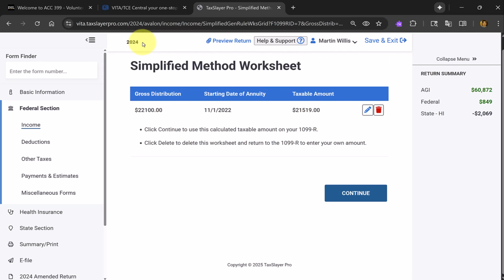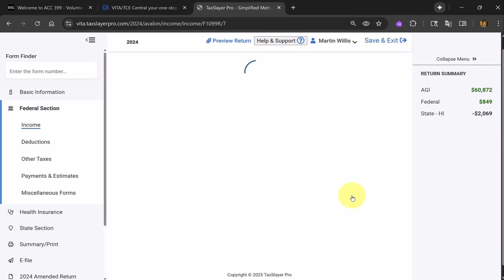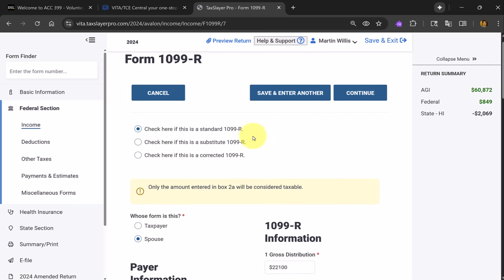I'm presuming 2025 has the same calculations, and probably so, because really the calculation is based upon what happened when they first started to collect the pension, collect the annuity, which is a couple years ago. So presume 2024 and 2025, a couple years ago, the amounts won't change. So let's continue. Okay, and let's continue.